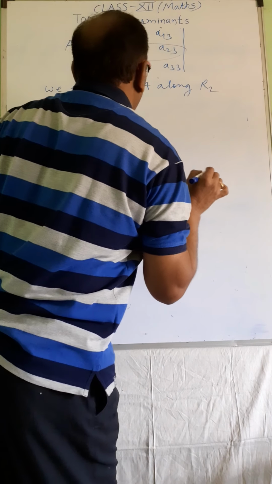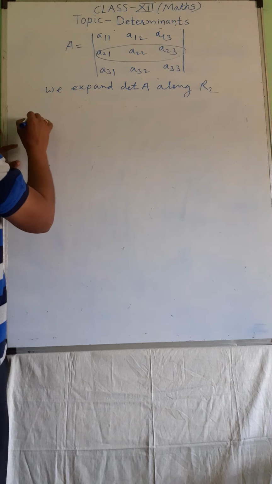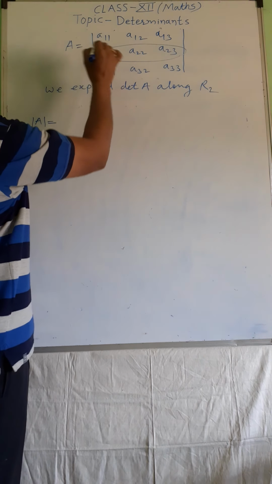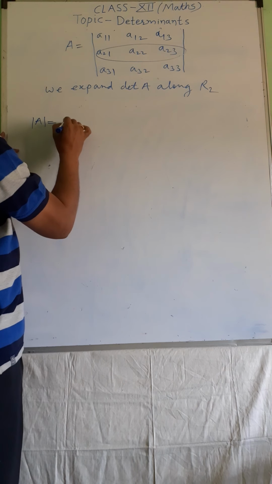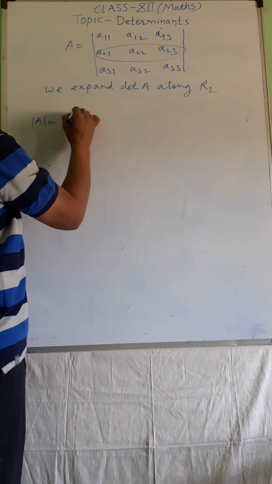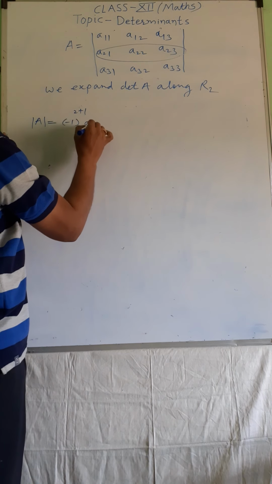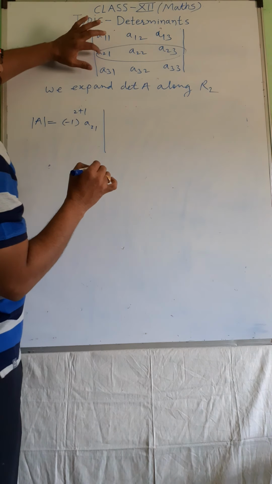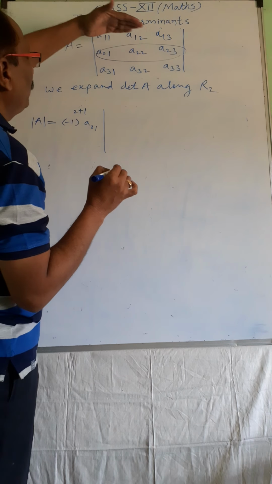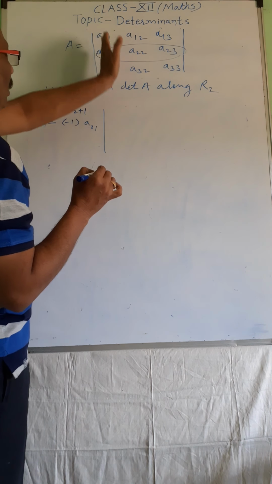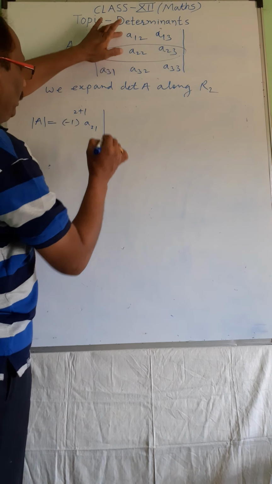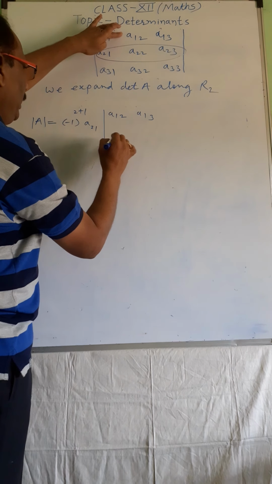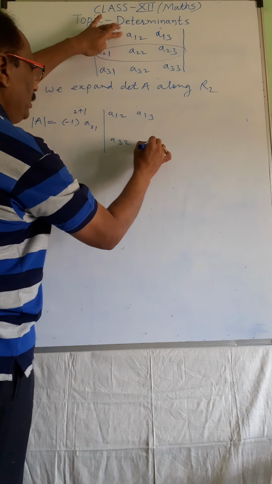Now we expand the determinant along the second row, means determinant of A is equal to, the first element is A21, means minus 1 raised to power 2 plus 1 and the element itself, A21. Then we take the determinant: delete second row and first column, the elements left are A12, A13, A32 and A33.